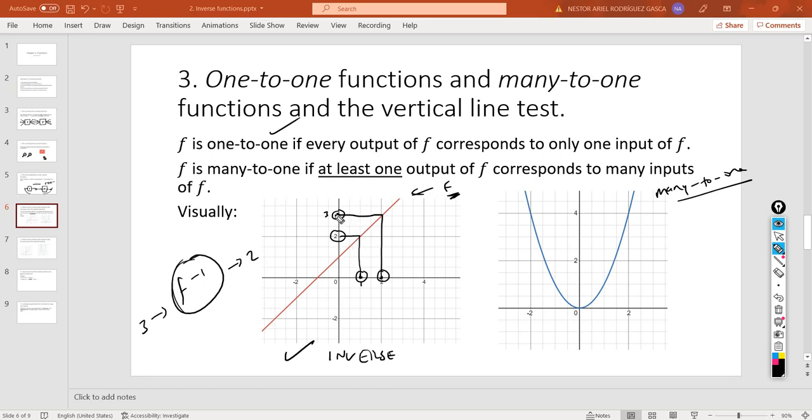That's what f inverse does. If f goes from here to here, f inverse goes in reverse. It goes from 3 to 2, and from 2 into 1. In other words, if you input the number 2, it gives you the output 1. f goes in this direction, f inverse goes in the opposite direction.